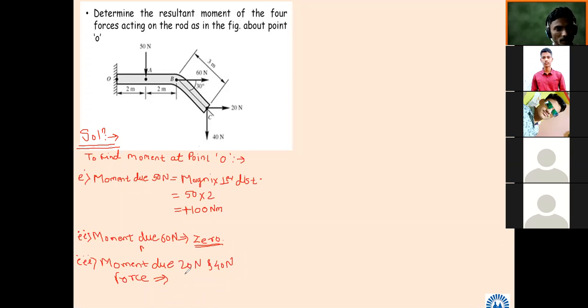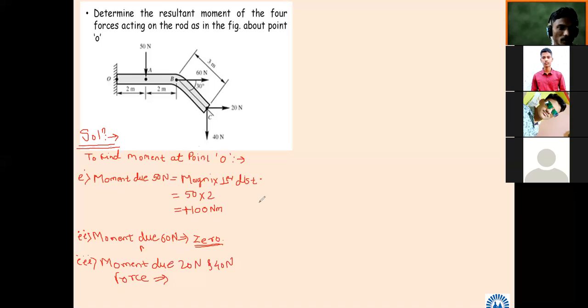Are they inclined, vertical or horizontal? How is it? One vertical and one horizontal. What does our formula tell us? Moment is equal to force magnitude into perpendicular distance. But is the perpendicular distance with us?